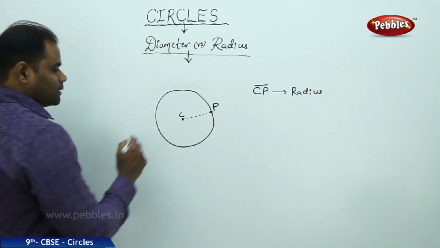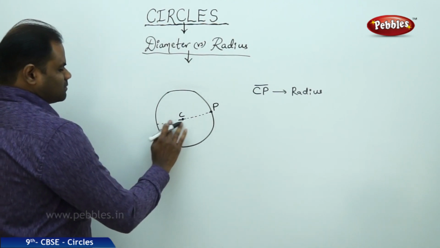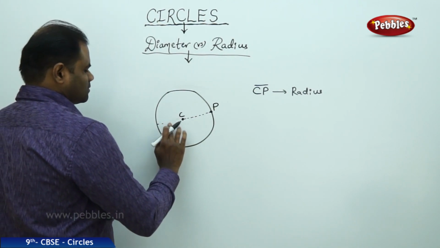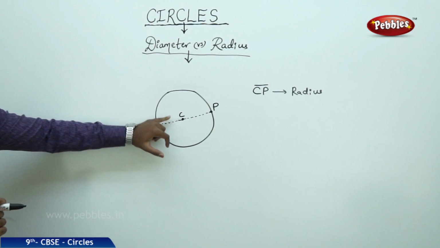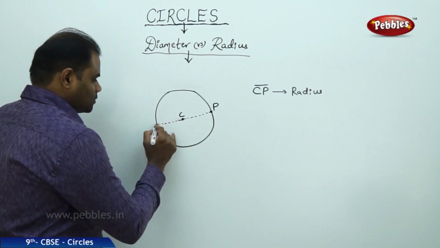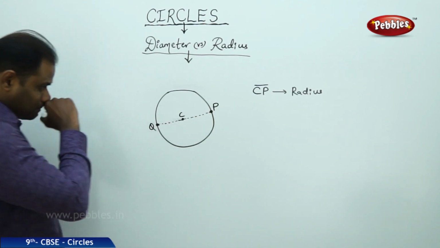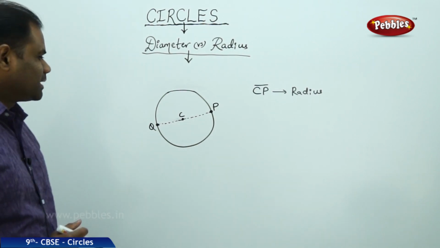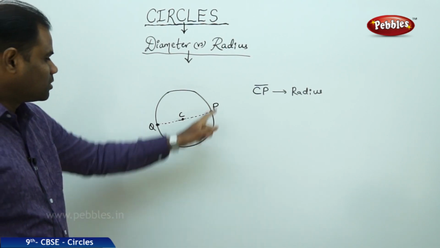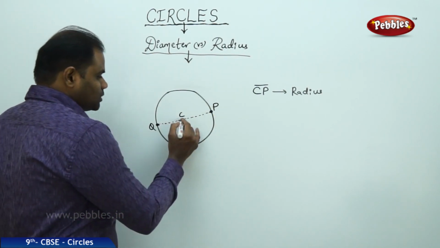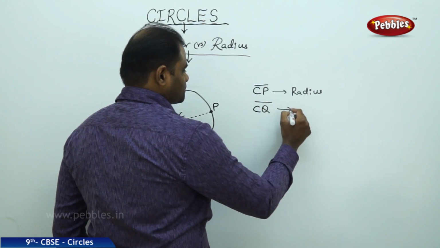And then let me extend this line to cut the circle on the other side, say at Q. So this point is Q and this point is P. Now here I clearly understand that CP is the radius and CQ also is the radius, because on the other side of the circle, the line joining the center to any point in the circle is also the radius.